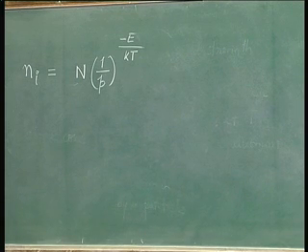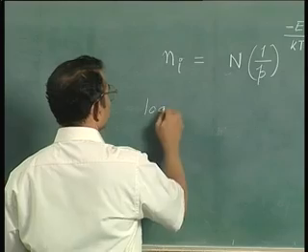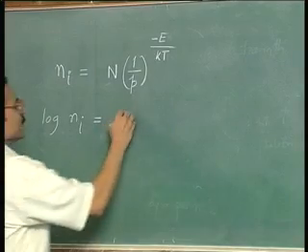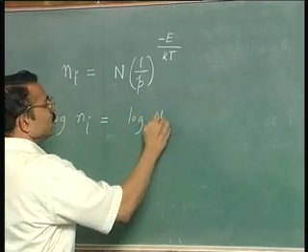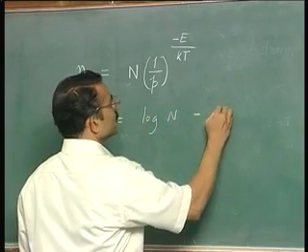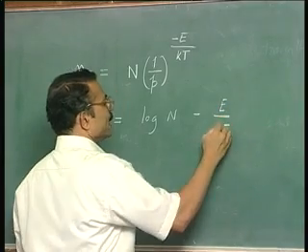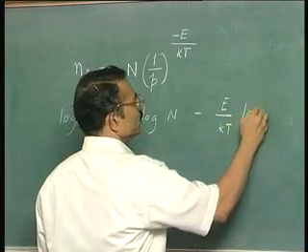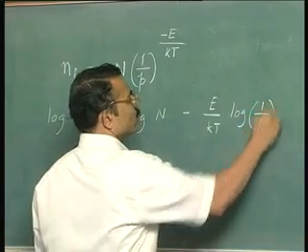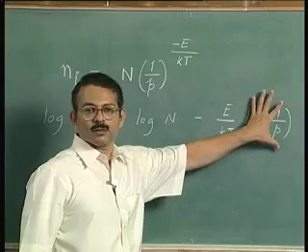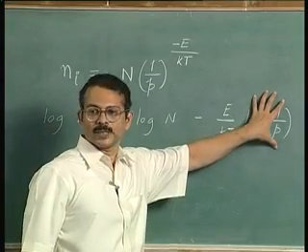Now it is very clear, if I take log of Ni, that is equal to log of N minus E by kT into log of 1 by P. 1 by P is more than 1, so log of this quantity would be positive.